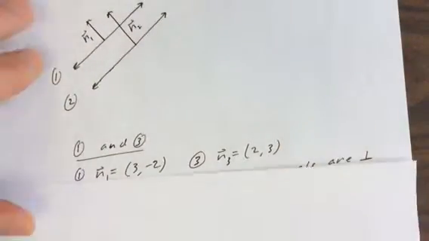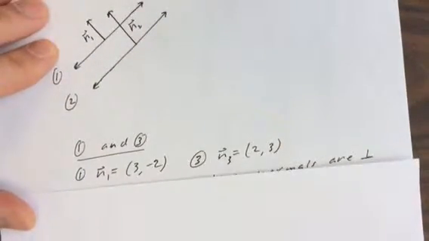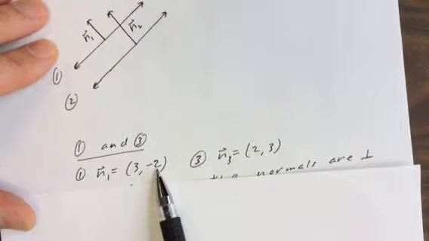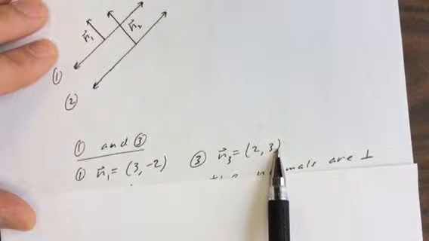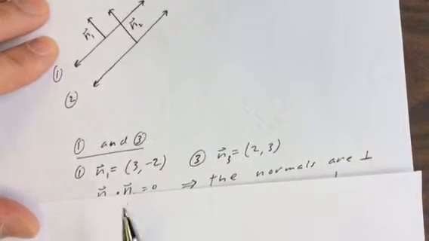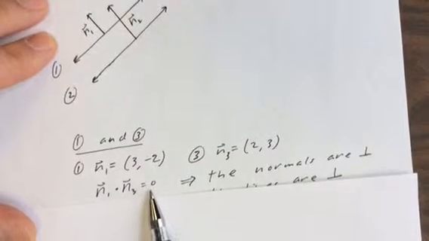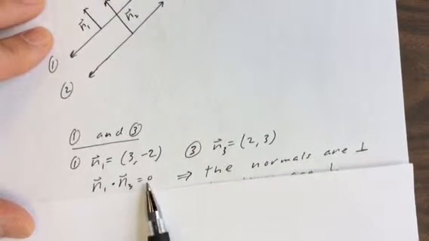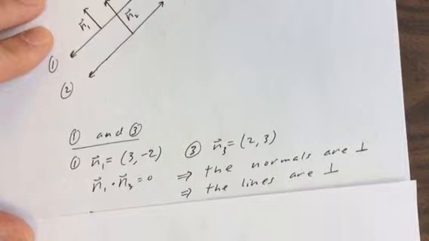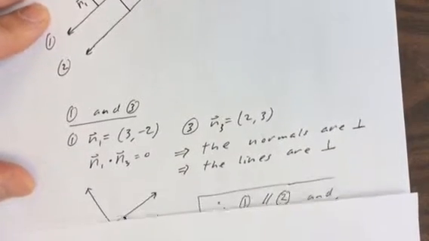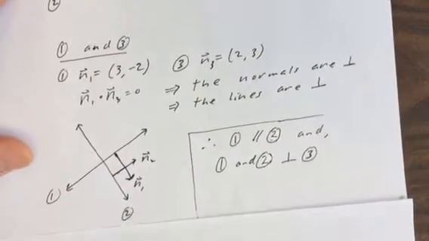A perpendicular line to another has a slope that's the negative reciprocal of the other. So flip the 2 and make one the opposite sign. That's what we've done here. If you do the dot product of these 2, you're going to get 0. They are perpendicular. So the normals are perpendicular, which means that the lines must be perpendicular for the same reason as before.